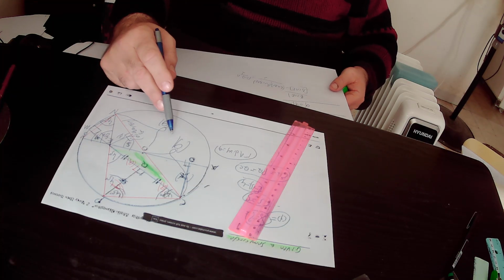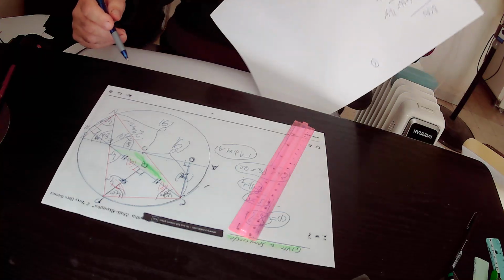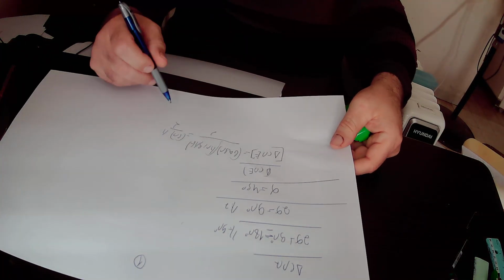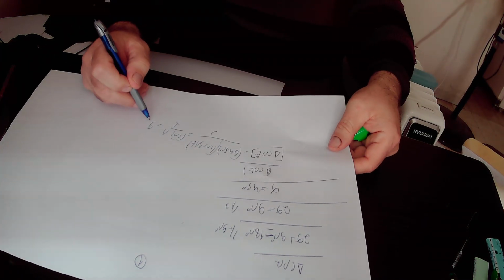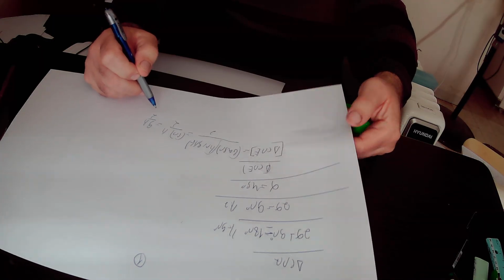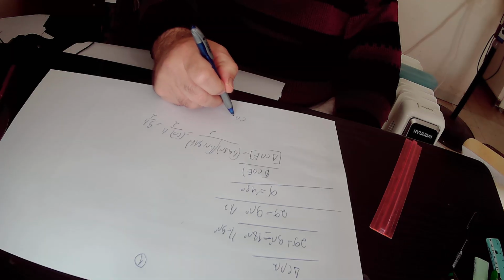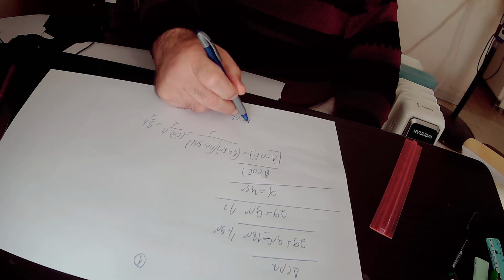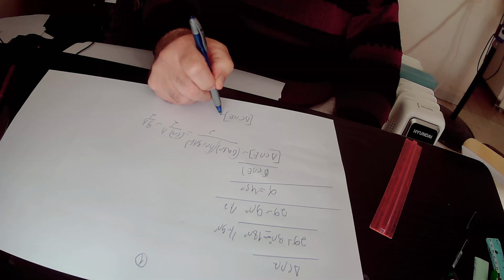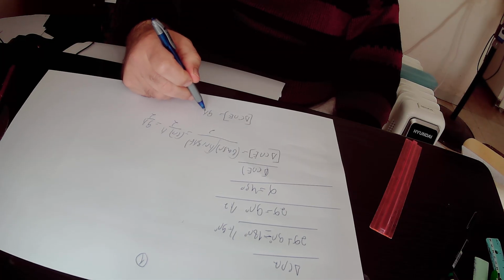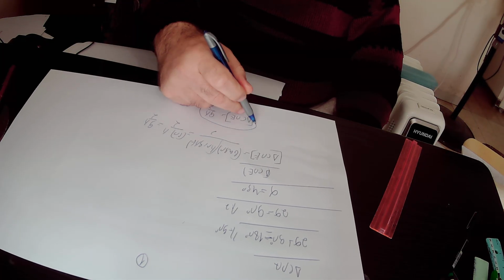But CO is 9, it is the radius of this circle, so we substitute CO by 9 times h over 2. So in total, we found out that the area of the green triangle COE is equal to 9h over 2 square units in its size.